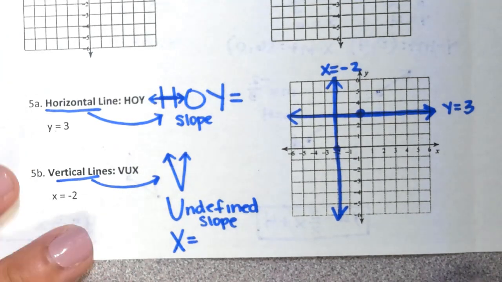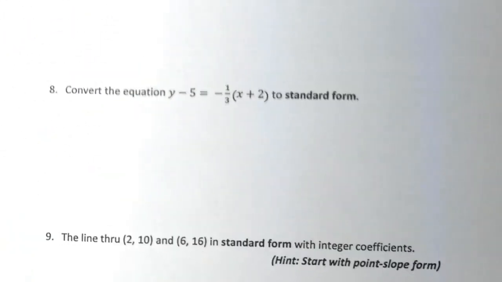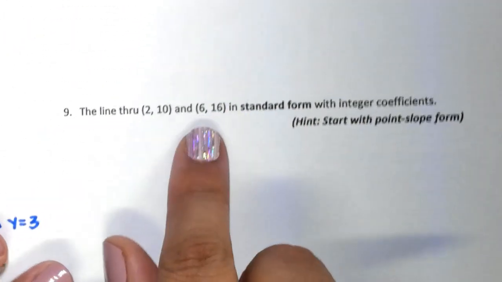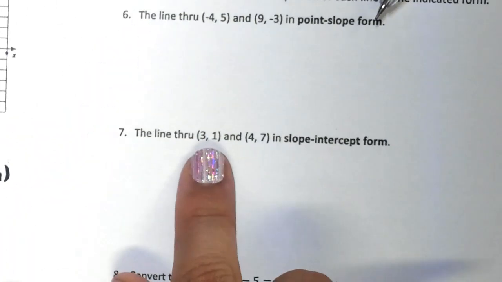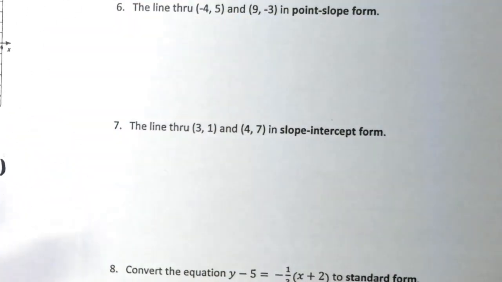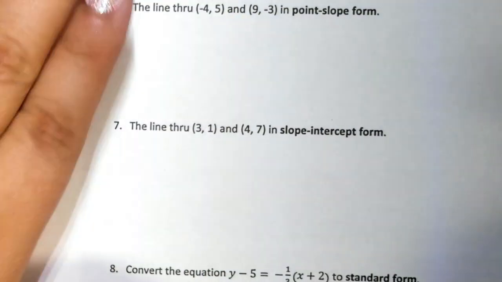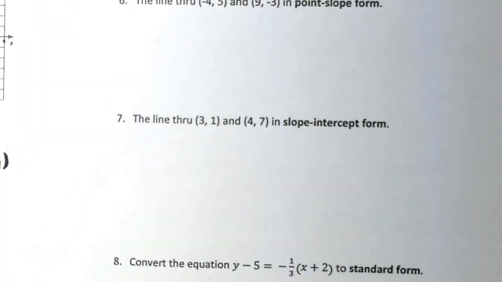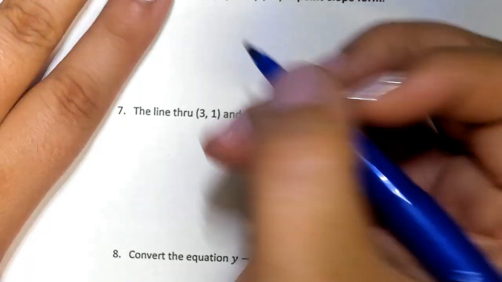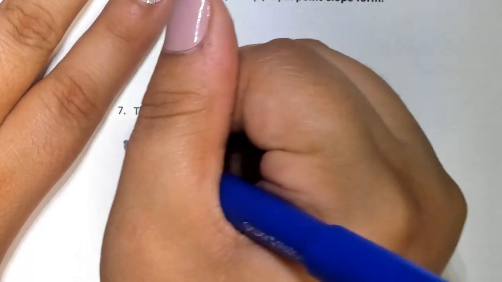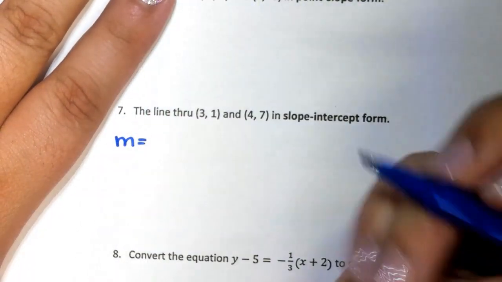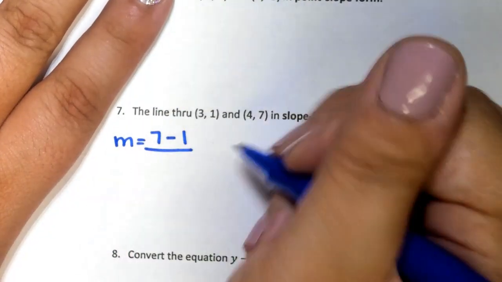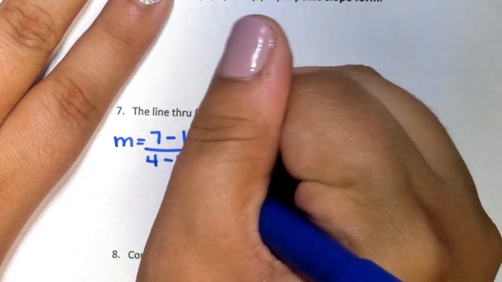You could do point slope, but you can do slope formula or delta y over delta x. Hold on, number 7, sorry. What do y'all want to do? Either y2 minus y1, or you can do the chart, either one. So I'm going to do y2 minus y1 over x2 minus x1.